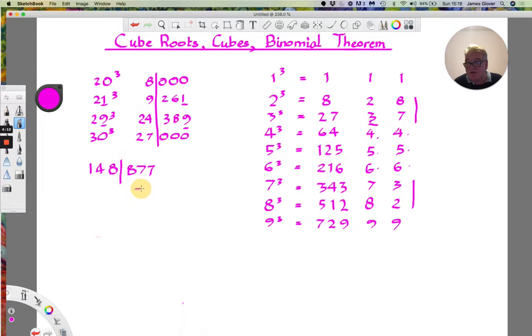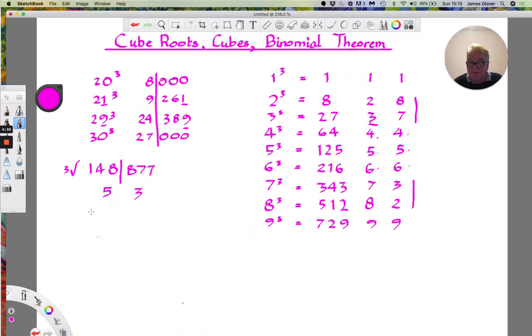So the cube root ends in 3. And here on the left we've got 148. Well, the largest cube that is less than 148 is 125, which is 5 cubed. And so the cube root of 148,877 is 53.